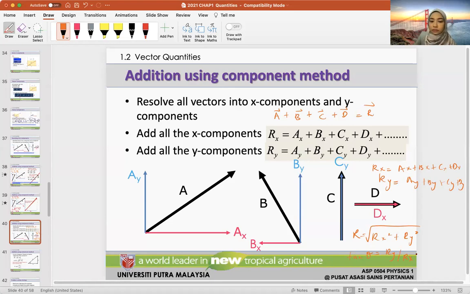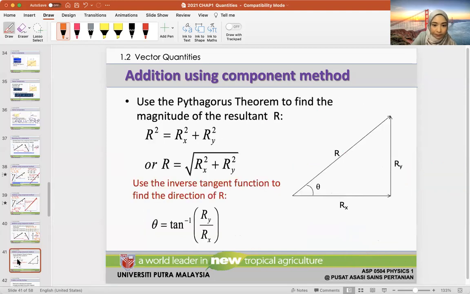Must remember that. Sometimes people mix up and put X on top. Okay, so it's the same for any number of vectors. You break it into its X component, add them together, break the vectors into its Y component, add them together, find the magnitude, find the direction.